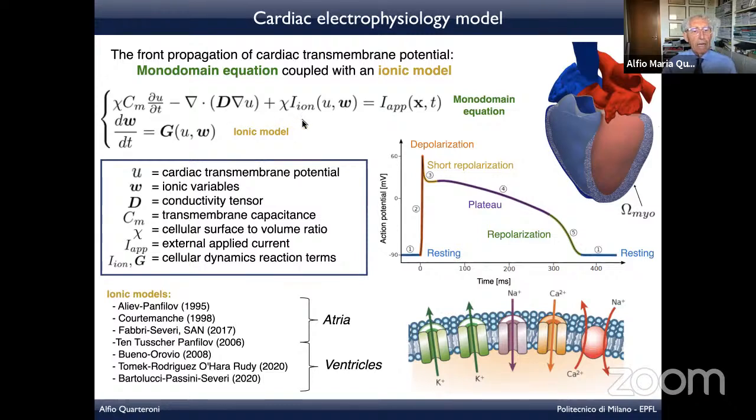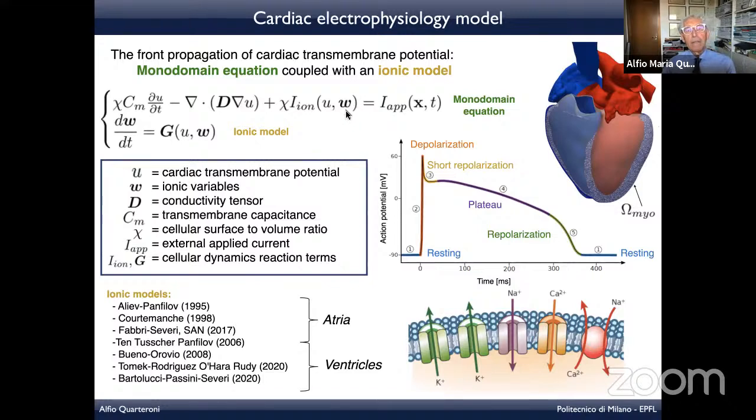Then we have the ion term. This one is expressing the reaction terms that occur at the cell level, at every single level. And it depends on two variables, U, which is the transmembrane potential, and W, which is the set of variables that describe the ionic activity at the cell level.